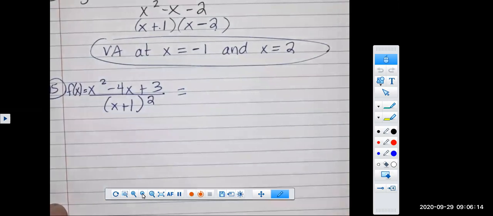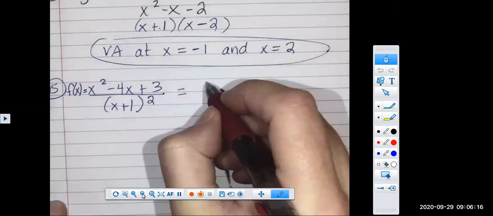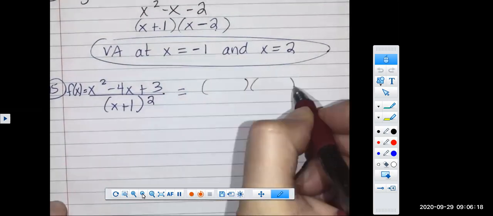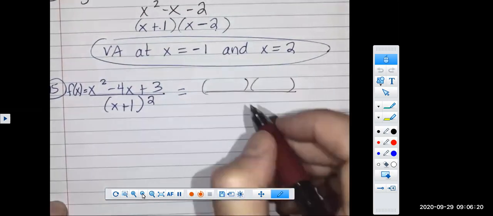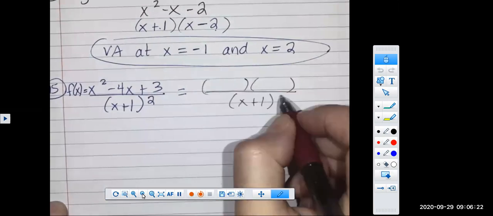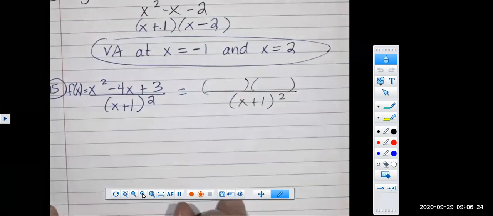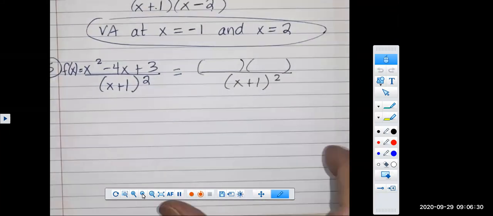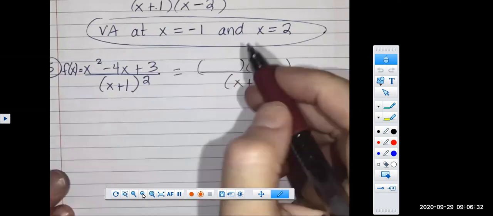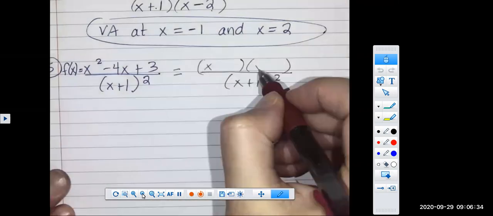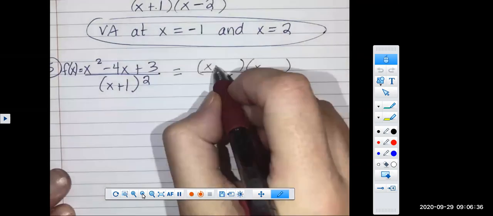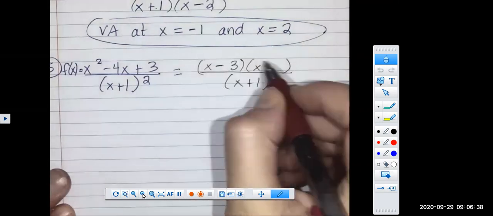We have to factor the numerator. Are you guys good with factoring rules? Are y'all okay with factoring? I figure by now you've been pushed through algebra 2 trig. You probably are. Okay, how will this numerator factor? Good, x minus 3, x minus 1.